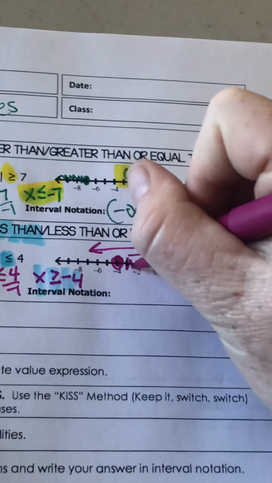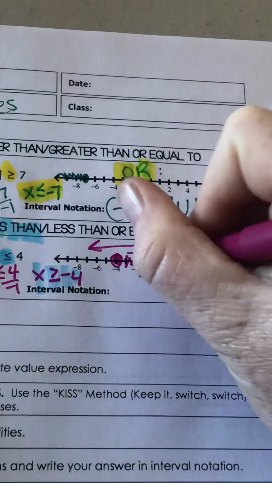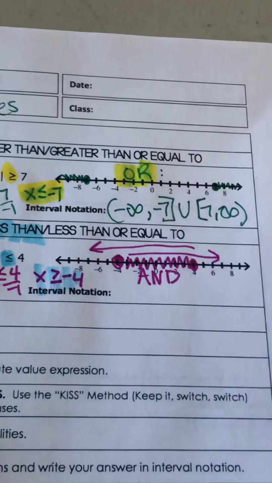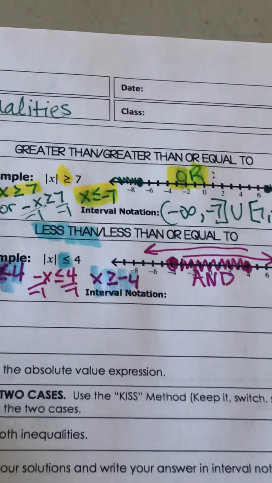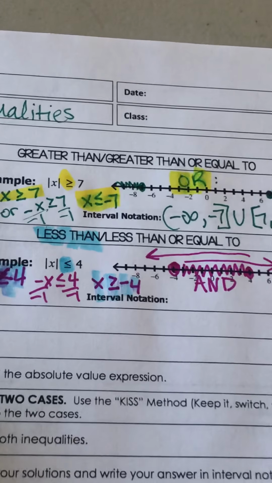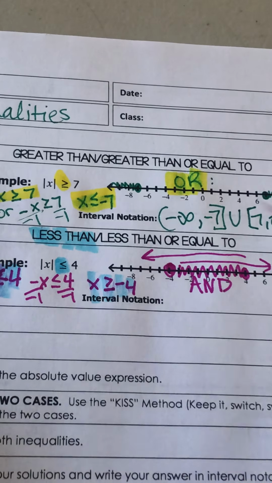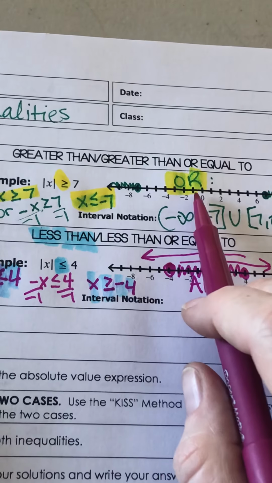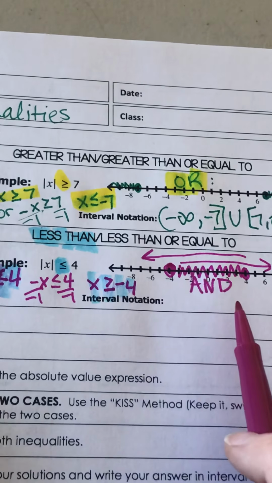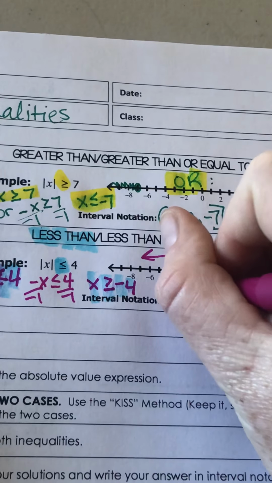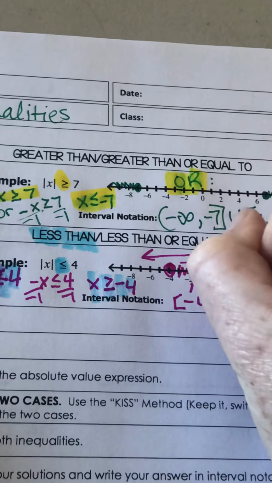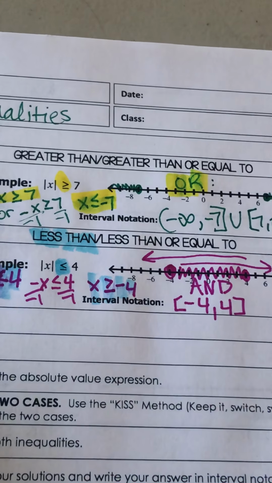And their overlap is in the middle. So that creates an and inequality when you start with a less than or a less than or equal to. Okay, so they're opposite. If you start with a greater than inequality, you're getting an or. If you start with a less than, you're getting an and. And this interval notation would just be -4 to 4. Okay?